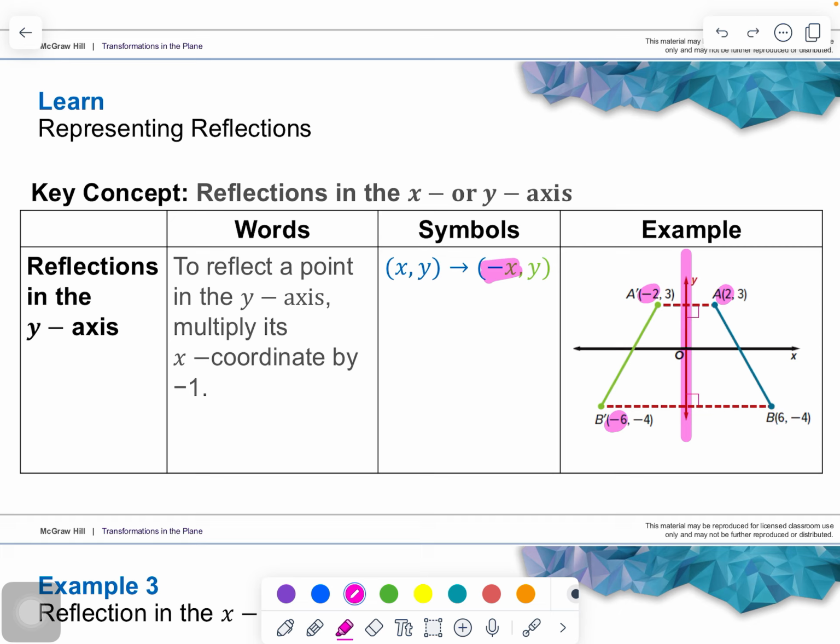Now, up a few slides, I talked about being perpendicular to the line of reflection. And here's what I meant: if you trace the line of reflection, so here's my line of reflection, and then you connect my pre-image point to my image point, they will be perpendicular.